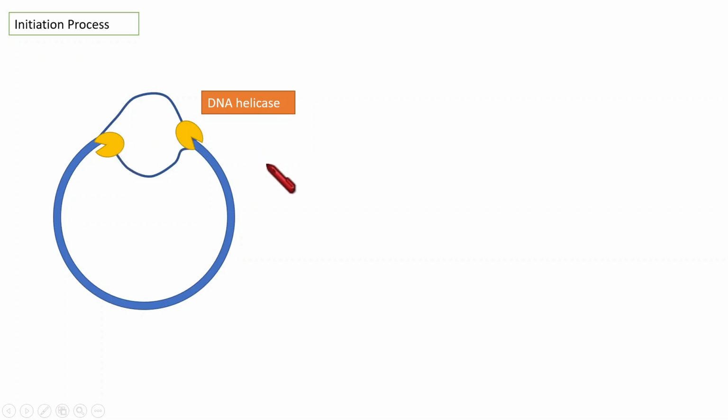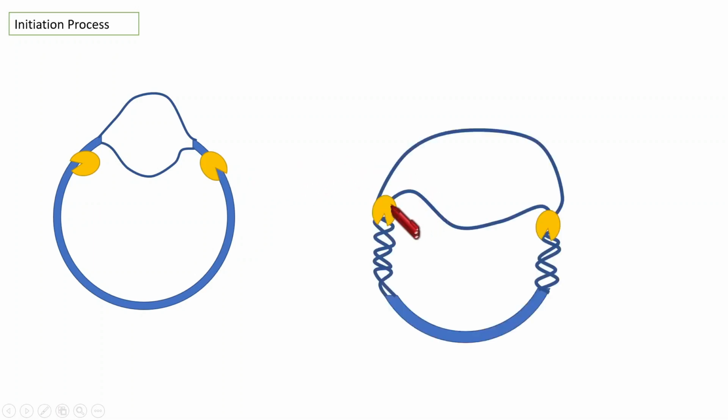So that's what it is going to do next. It moves down the DNA and untwists and frees the DNA strands. So with the help of DNA helicase, this much portion is unwound now.